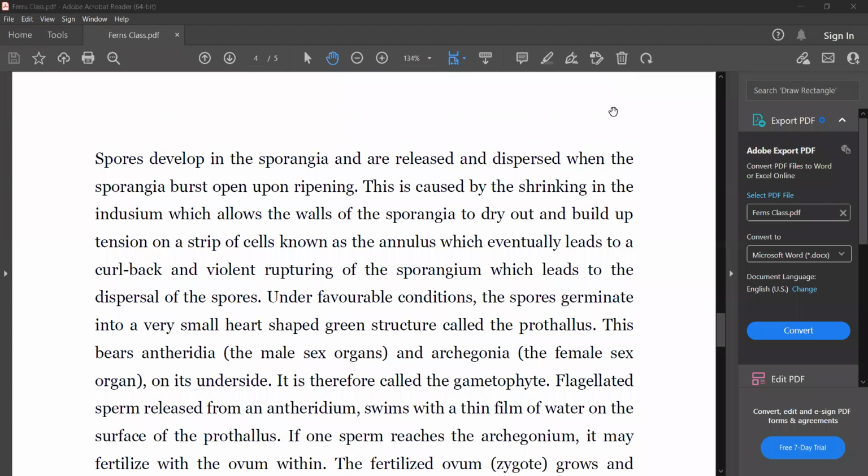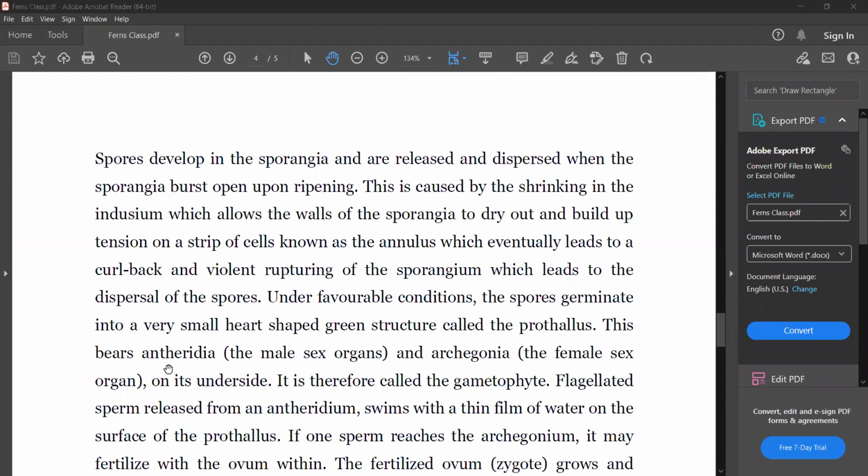So the indusium would shrink and then expose the walls of the sporangia. Then that would dry up. And when it dries up, there will be tension being built within the sporangia on a strip of cells known as the annulus, right? So as this tension is being built, it causes the whole structure to curl backwards and rupture violently, which exposes all the spores or disperses the spores.